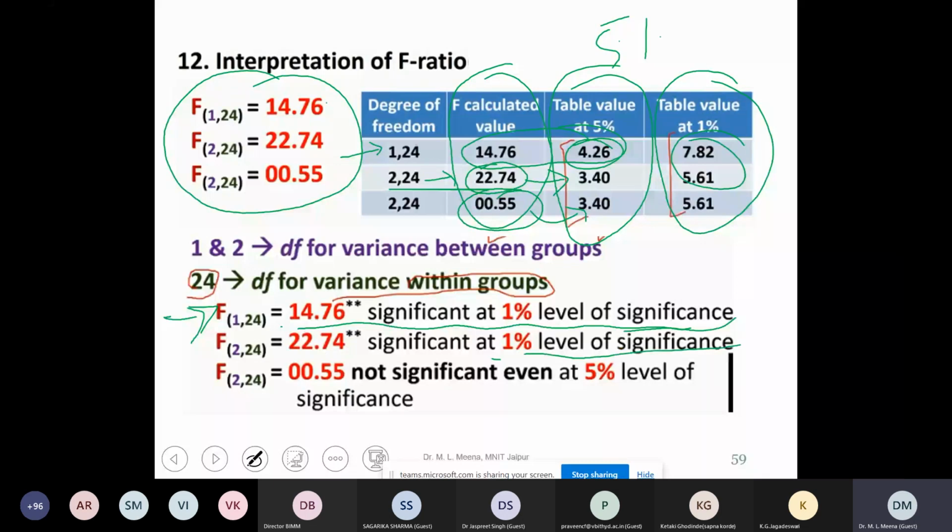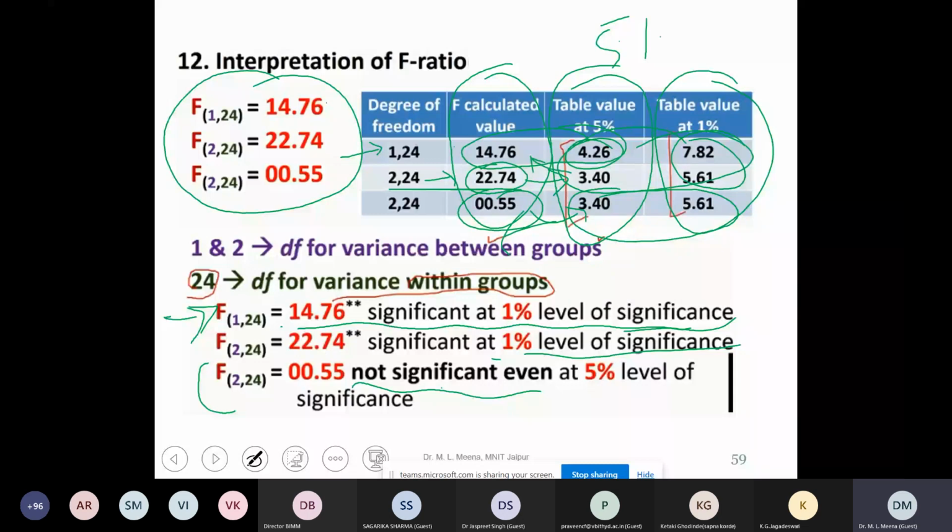But in the last case, the F value for 2 and 24 degrees of freedom is not significant, even at the 5% level of significance. So for both cases it is greater than, and for this one it is less than. These are rejected, and here it is not significant.